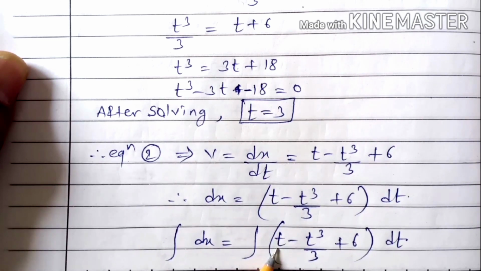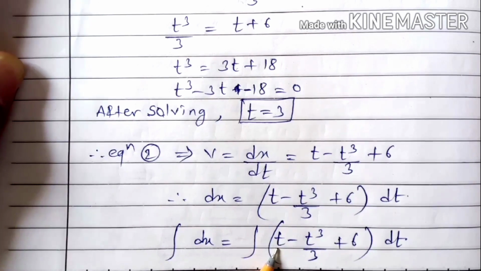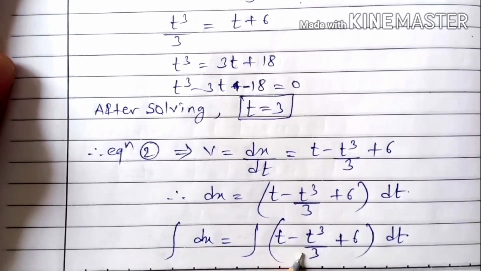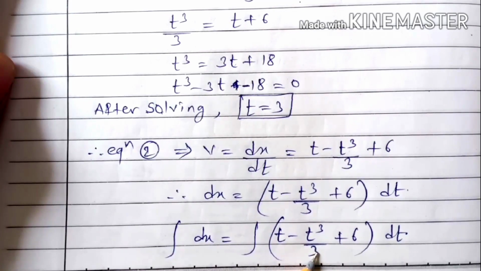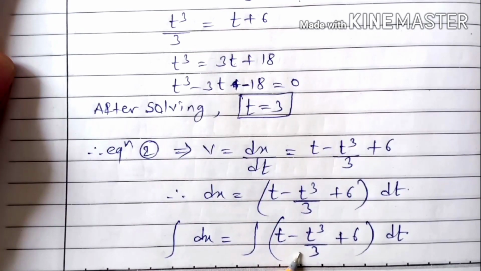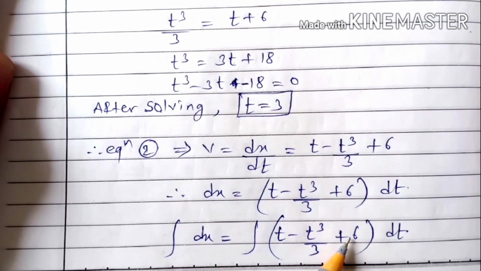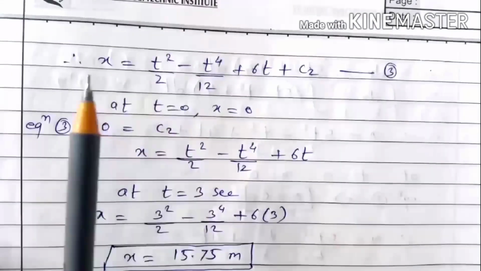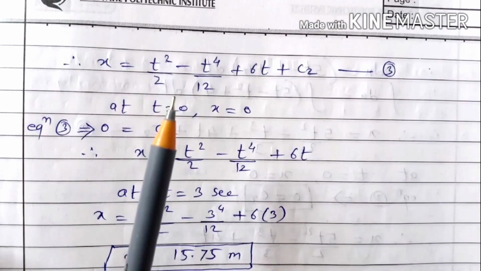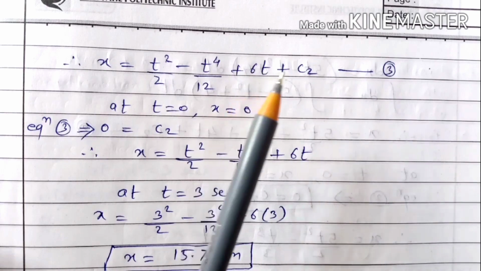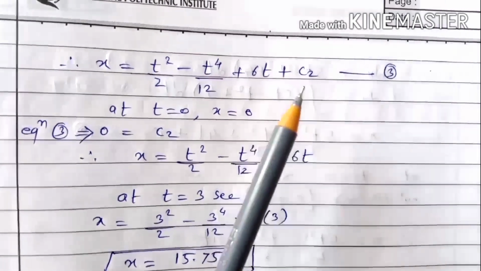We write integration of t is t square by 2, integration of t cube is t raised to 4 by 4, and this 3, so multiply 3 into 4, it becomes 12, plus integration of 6 equal to 6t. So x equal to t square by 2 minus t raised to 4 by 12 plus 6t plus c2.